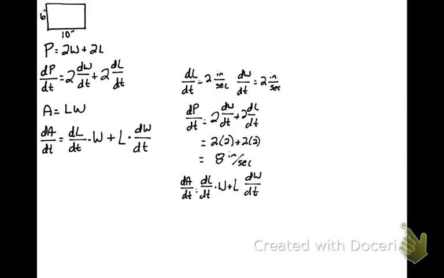In our case, this rectangle is 6 inches wide and 10 inches long, so dA/dt would be equal to 2, the rate of change of the length, times the width, which is 6, plus a length of 10 times 2, the rate of change of the width, which means the area is changing by 32 square inches per second.